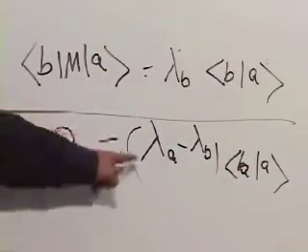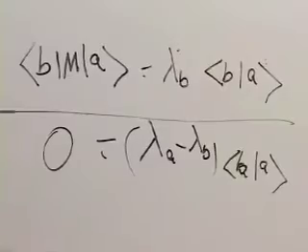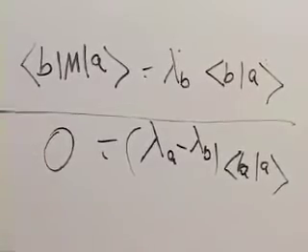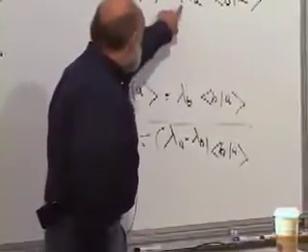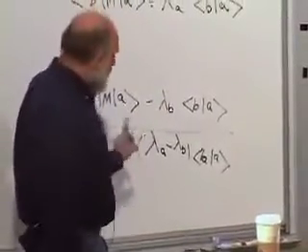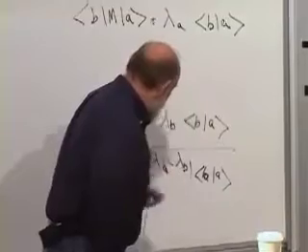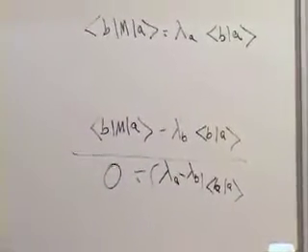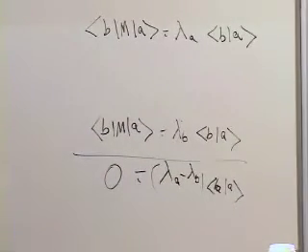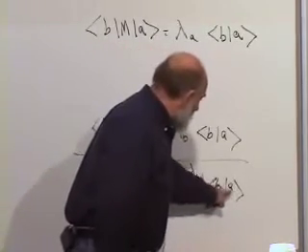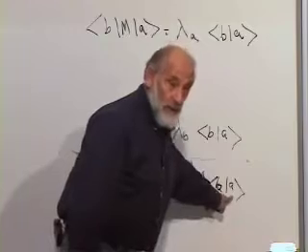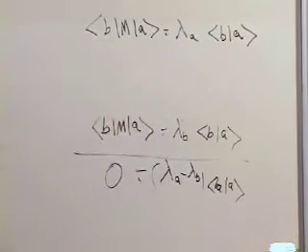So one possibility is that lambda A is equal to lambda B. True, it's a possibility. But I explicitly said, let us consider two different eigenvalues, two different values of the same observable. If they're different, then lambda A minus lambda B is not equal to 0, and the only possibility is that B and A are orthogonal to each other, that the inner product of B with A is equal to 0.